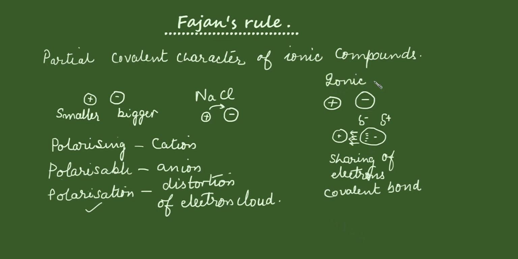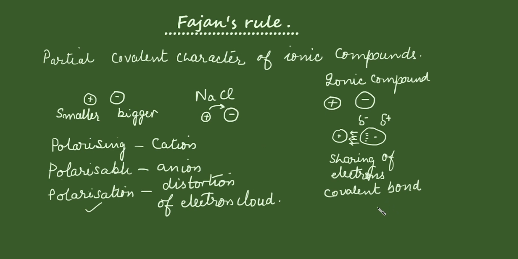So this ionic compound has developed partial covalent character. Let me repeat, this ionic compound has partial covalent character. This is what we call covalent character of ionic compounds.